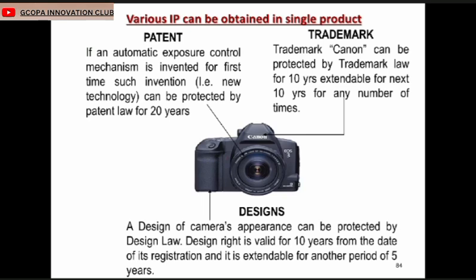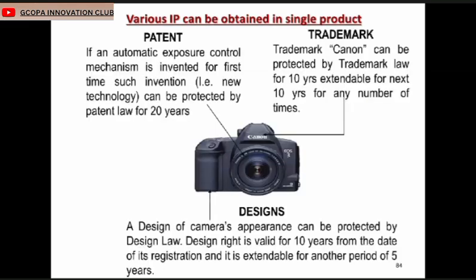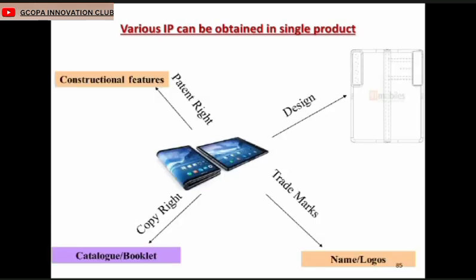Design is all about the outer look of the product. Initially 10 years and it can be extended for 5 more years beyond this. And the catalog, booklet, user manual which you get with a newly purchased camera system is coming under the purview of copyrights. So in general, whichever product you pick, normally the constructional features come under patented rights if they fall under the category of inventions.